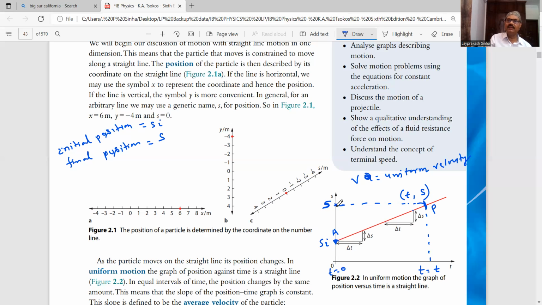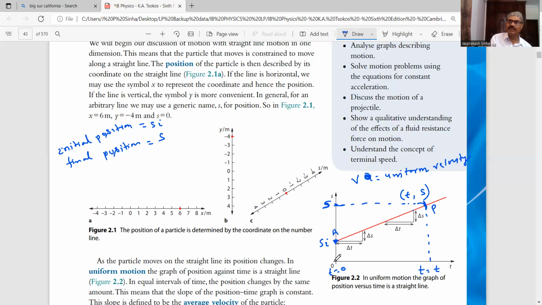Okay, and initially the position of the body is SI. Correct, means initially the body is not at origin. Initially the body is having some displacement, and that is SI.